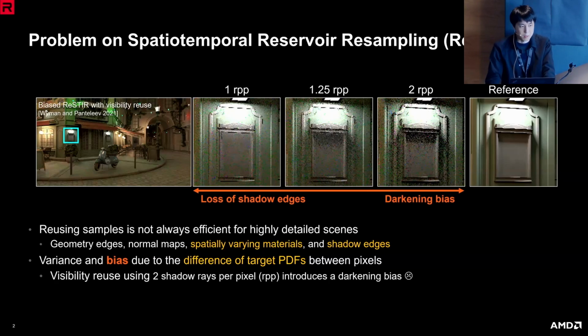For example, ReSTIR with visibility reuse using two shadow rays per pixel produced darkening bias around the shadow edges. For aggressive visibility reuse using less than two rays per pixel, it lost shadow edges.